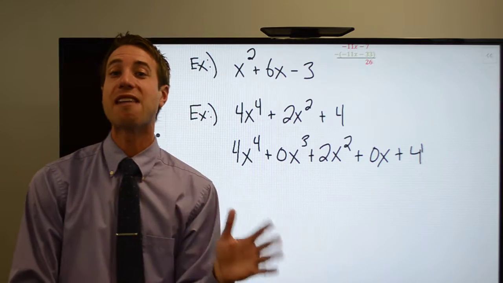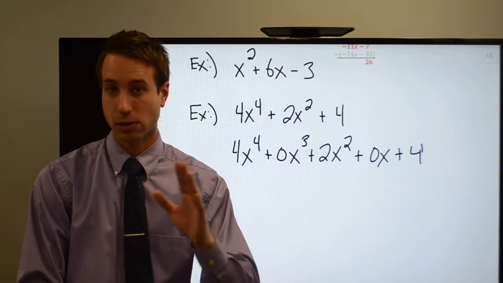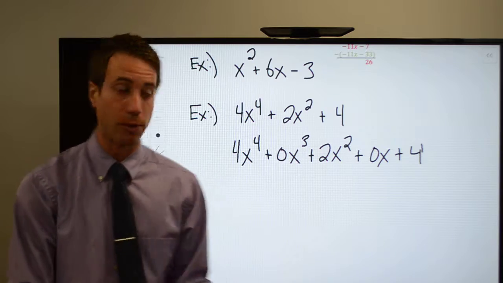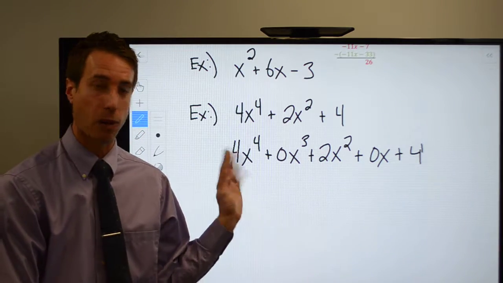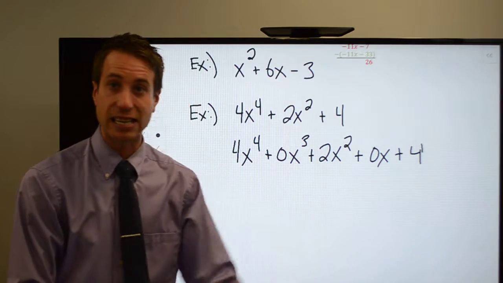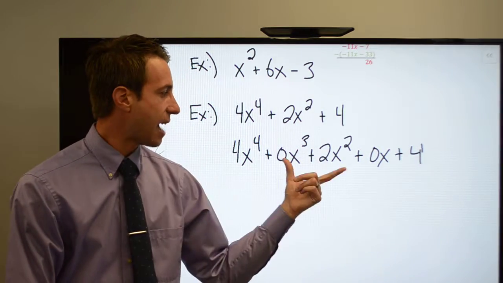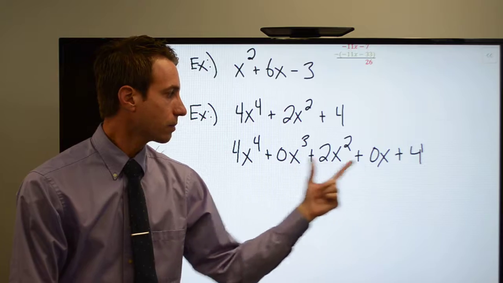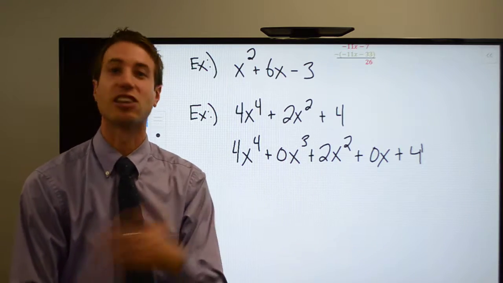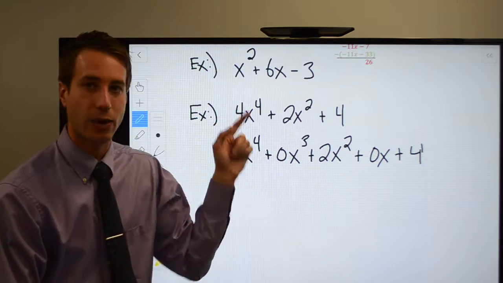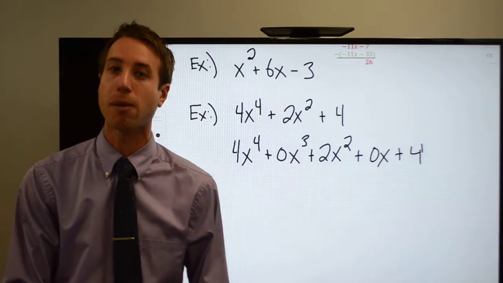I now have every power of x represented in my polynomial, starting with my highest power, in descending order. And these two are simply placeholders, because they're going to drop out. I get right back to what I originally had, so I haven't changed my problem at all.